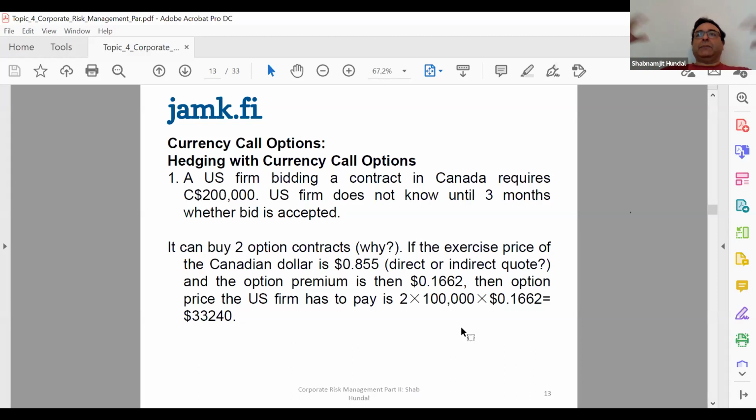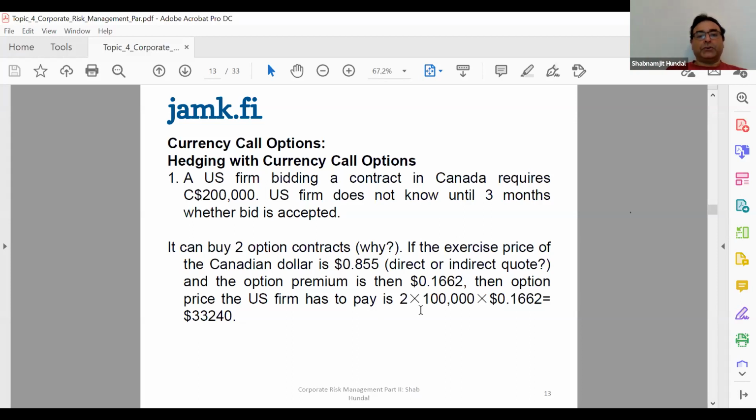There are always many people interested in the bidding. So then there is some kind of lottery system, and the one who gives the lowest bid or the one who is selected becomes the winner of the company. This is how the system works in many countries. But this result you will never know before 3 months.